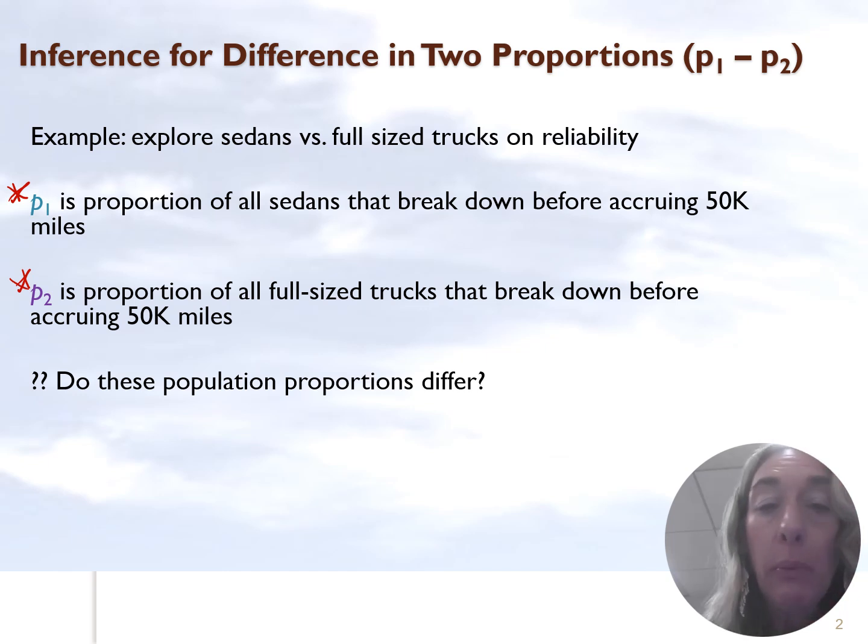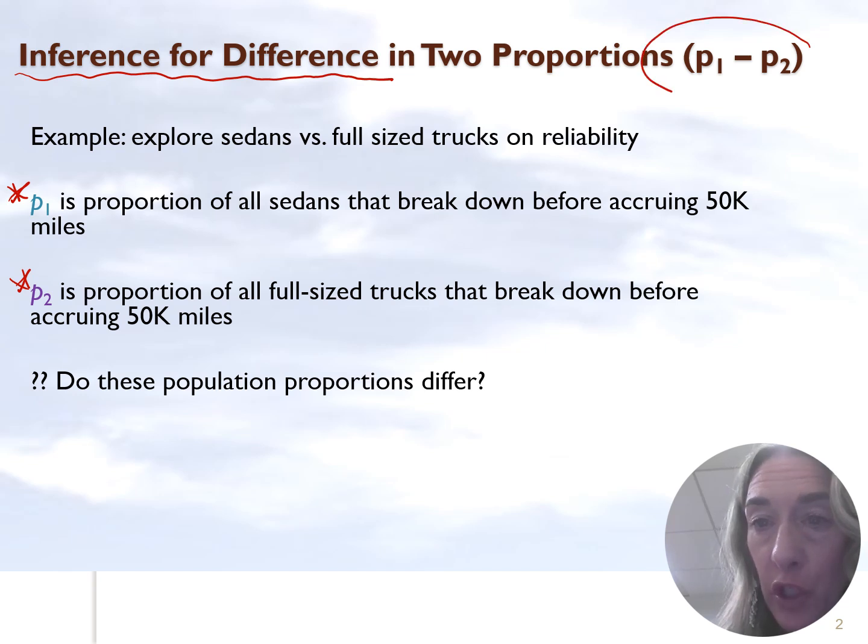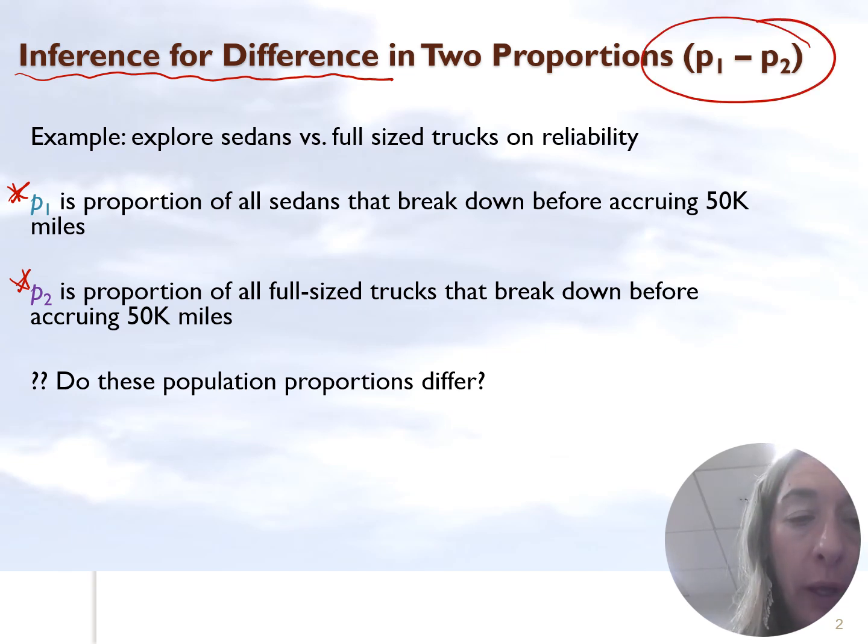P2 would be the proportion of all full-size trucks that break down on the road before accruing 50,000 miles. You could use inference on the difference in two proportions to determine whether these population proportions differ.